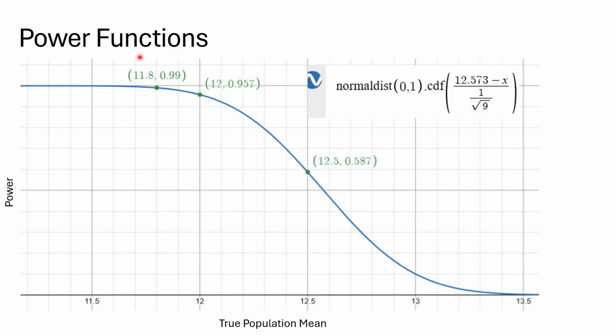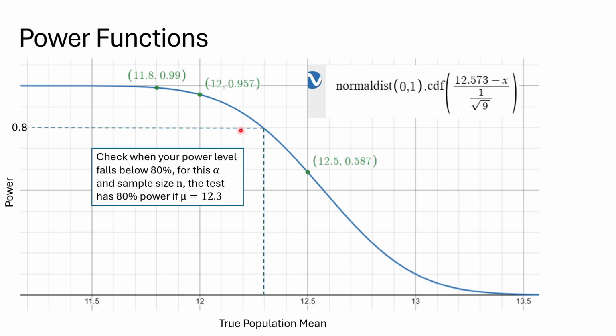This power function is a wonderful tool. We could do lots of different things. For example, let's say we wanted a power of at least 0.8. If we had an alternative hypothesis that were true, we wanted some test that would have at least an 80% chance of giving us that evidence. So let's say we would check along the y is 0.8 line.